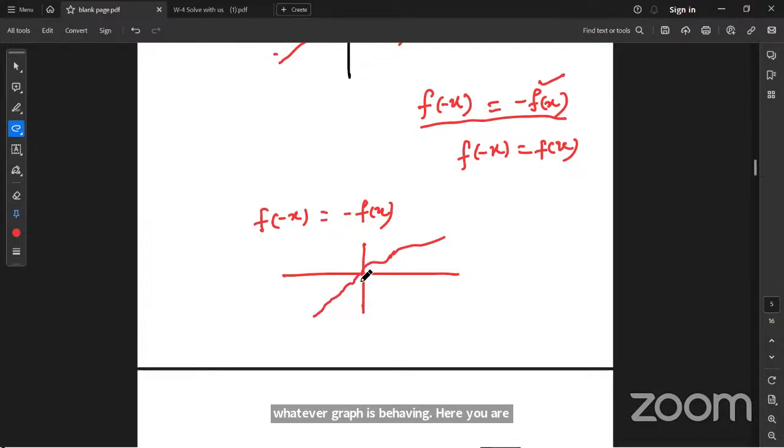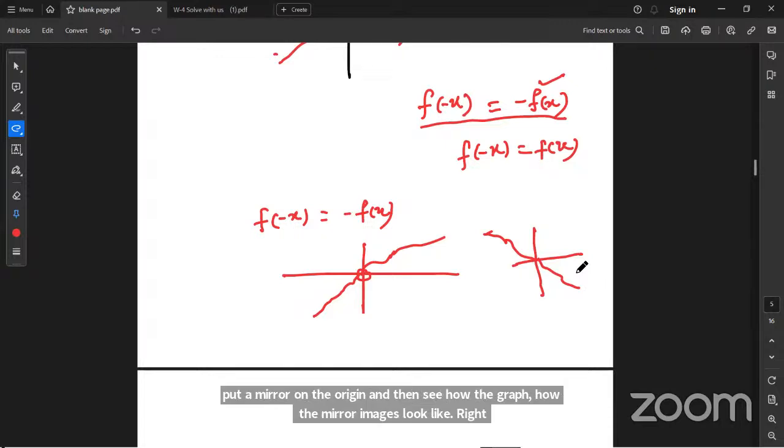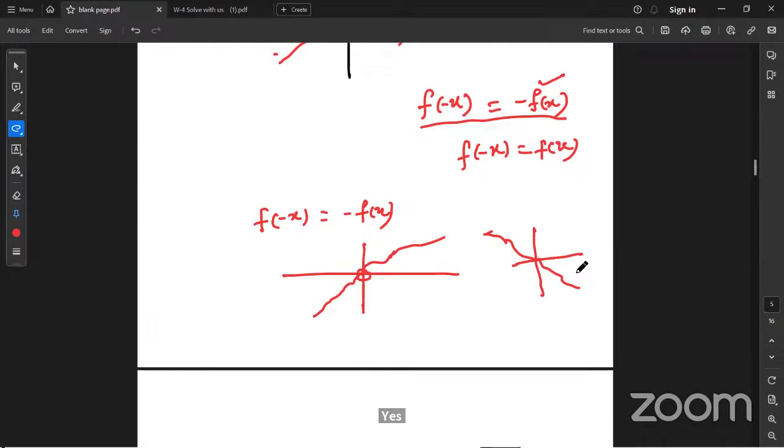It means that this is symmetric about the origin. If your graph is behaving like this, then it is exactly symmetric about the origin. Just put a mirror on the origin and see how the mirror images look. Everyone understood up to here?